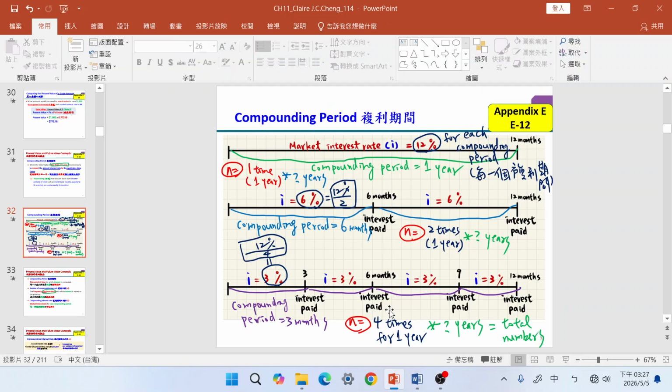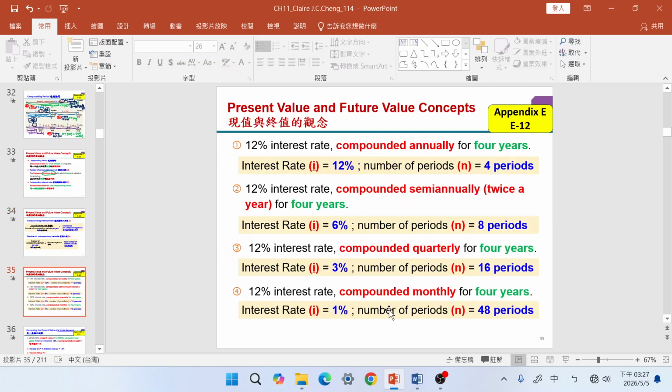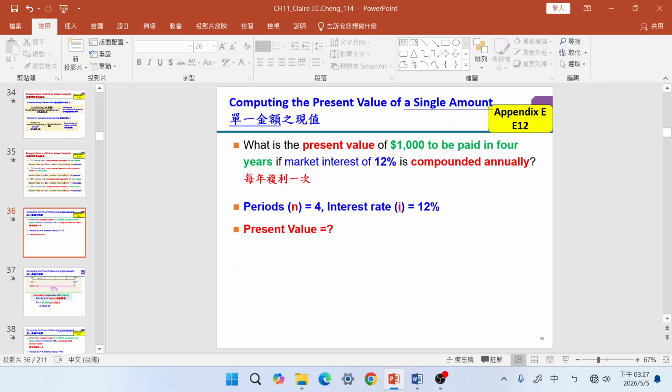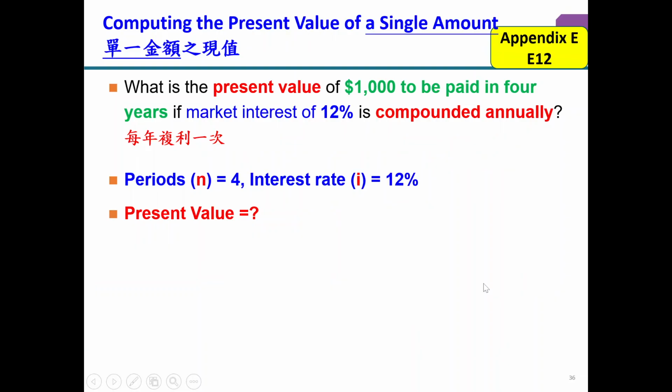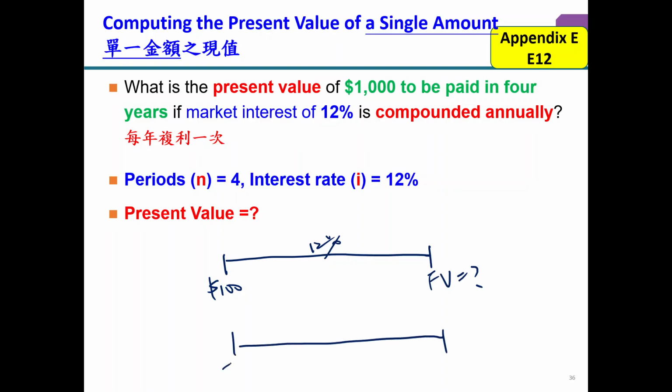Do you know? For example, if we assume you have the case right here, $100 for 12%. What's your future value? Another case, $100 today.